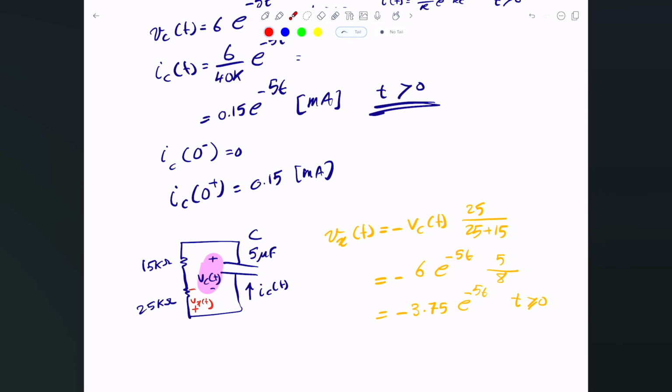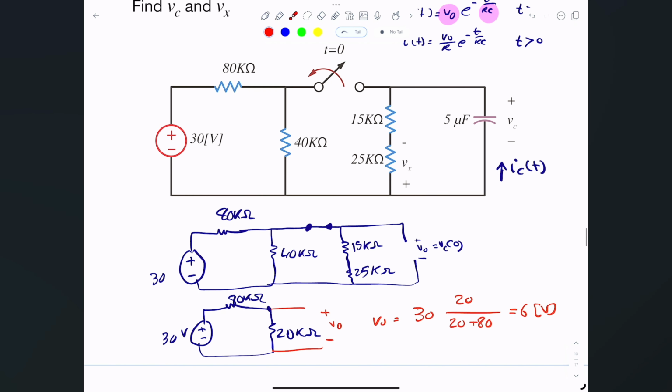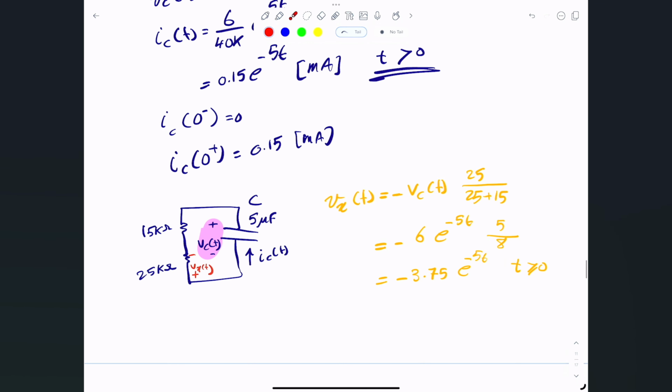The reason it's not strictly greater than 0 is that right before switching this voltage was still V0 divided between the 15 and 25, and right after switching it's the same voltage because of the way this circuit is built. So that's pretty much it, and the unit here is simply volts. That's what Vx(t) is.